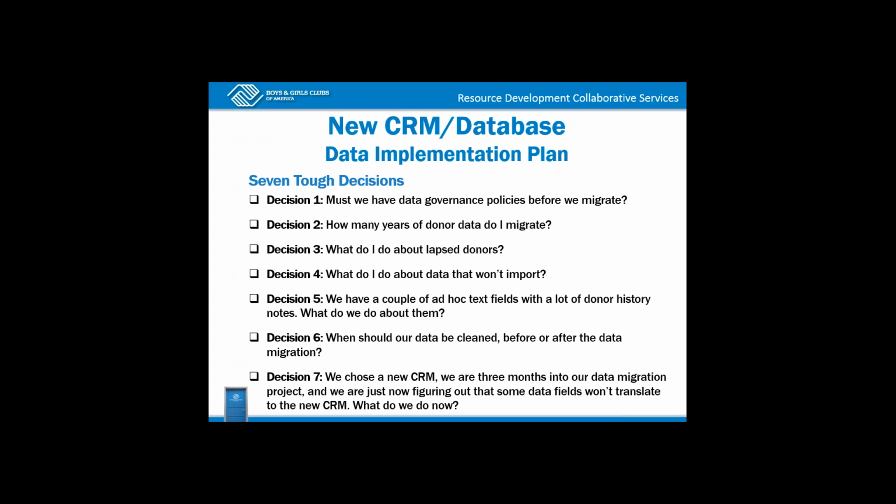So you must have data governance policies in place before you migrate your data. And what I mean by that is if you don't have standards for data quality, and your organization isn't committed to maintaining those standards, then you're going to have the same problem with your data.